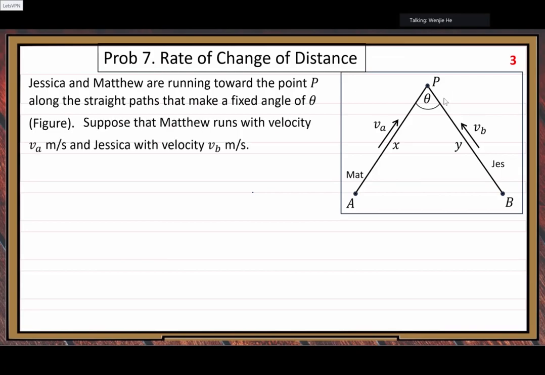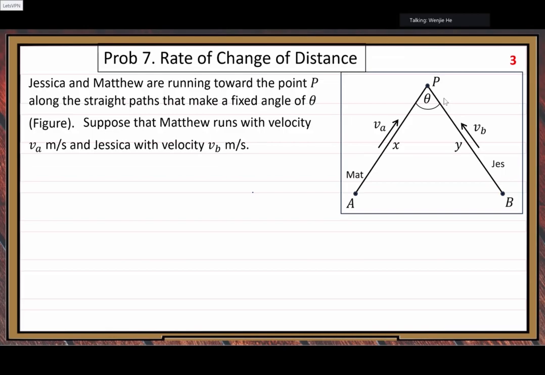Suppose that Matthew runs with velocity VA meters per second, and Jessica with velocity VB meters per second. But the velocity is not a constant. It's a function of t.